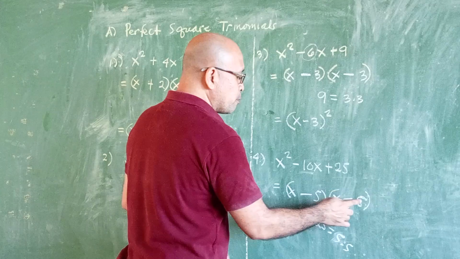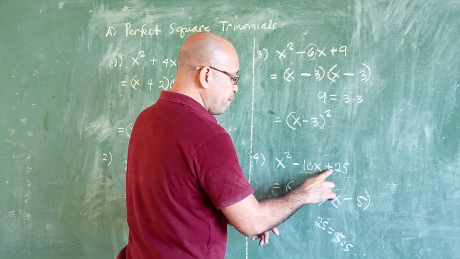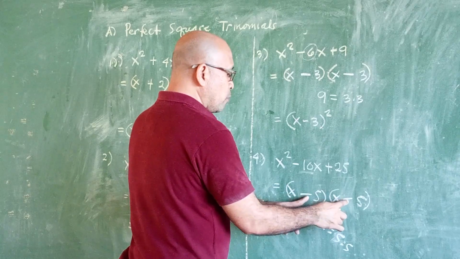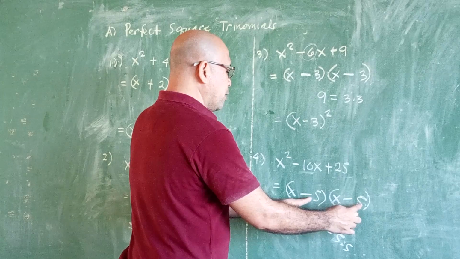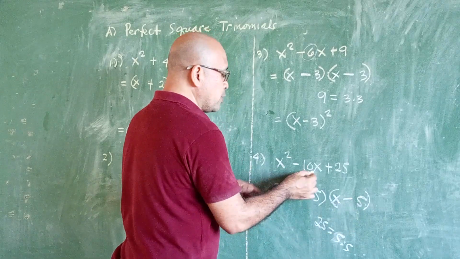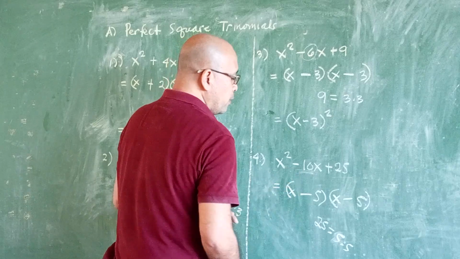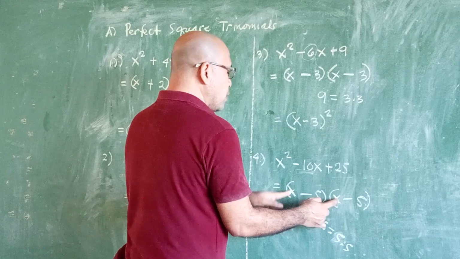So 5 times 5 or minus 5 times minus 5, that is plus 25 because their signs or operations are the same. And if you add negative 5 plus negative 5, the result is negative 10. So that is exactly the coefficient of the middle term. And if you multiply x times x, that is x squared.